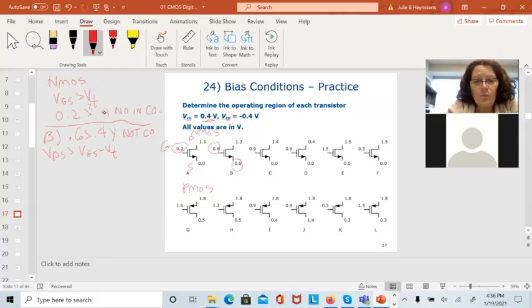This is the drain, this is the source, this is the gate. So VDS is 1.3 minus 0, 1.3. VGS is 0.6 minus 0, 0.6. And VT is a fixed 0.4 volts. So that is true, it's in saturation.